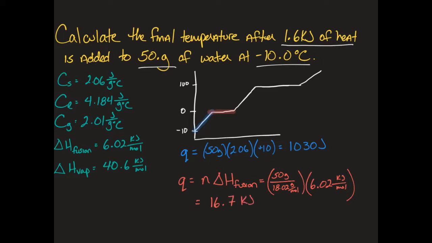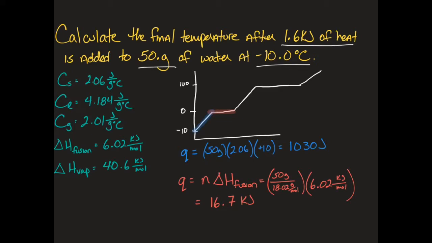And this is in kilojoules because my enthalpy of fusion was in kilojoules there. So the heat needed for 50 grams of water to completely undergo that phase change is 16.7 kilojoules. So in this case, that is more than what we were given, right?